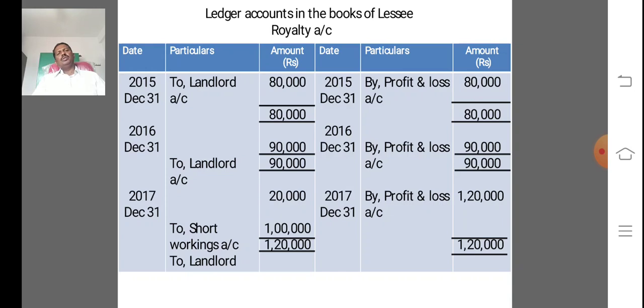Next, December 31, 2016, to landlord account 90,000. That royalty is transferred to P&L account 90,000.